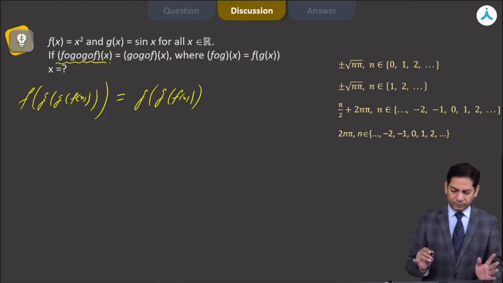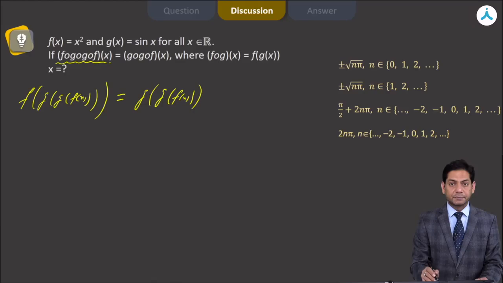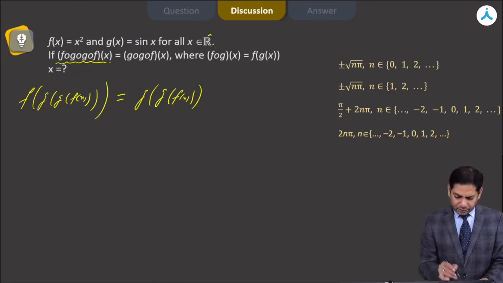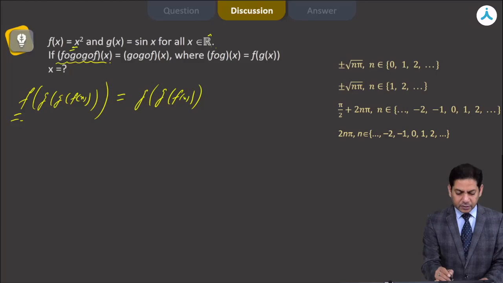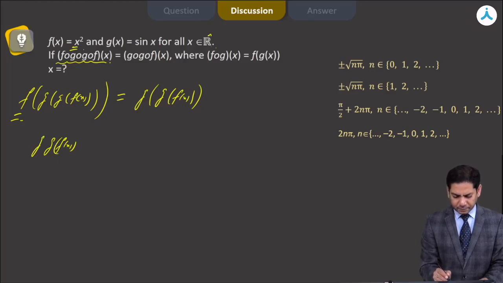Now we have to find the values of x which satisfy this equation, from the set of x belonging to R, that is set of real numbers. Now this function f is x square. So left hand side is simply g of f of x whole squared.